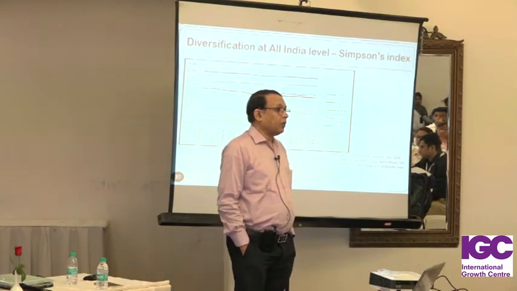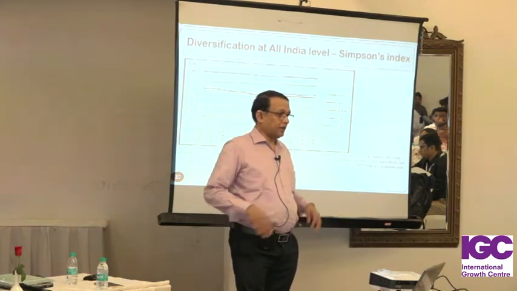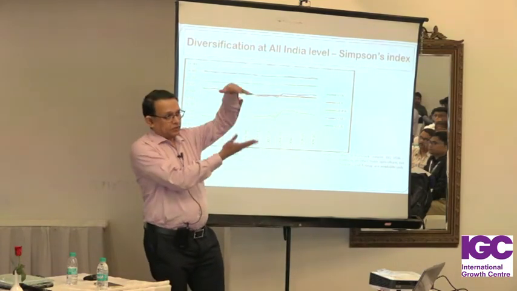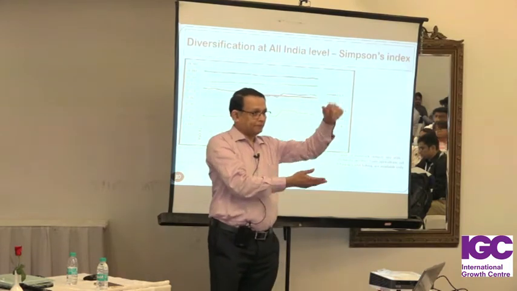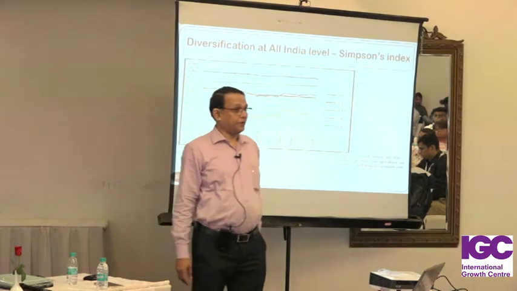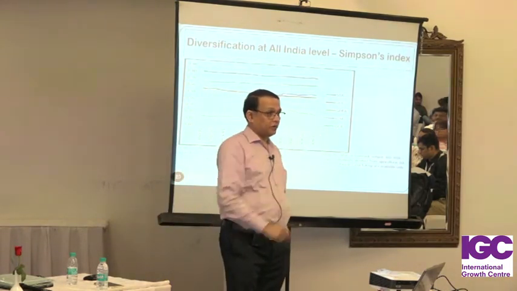Now within these agroclimatic conditions, there's possibly a certain number of products that can be grown there. The question is, do you do all of them? Is the state able to do all of them?